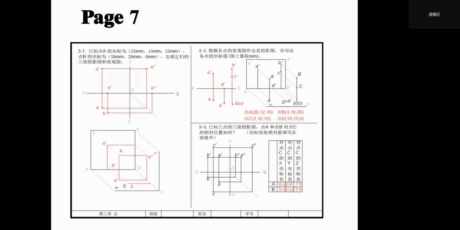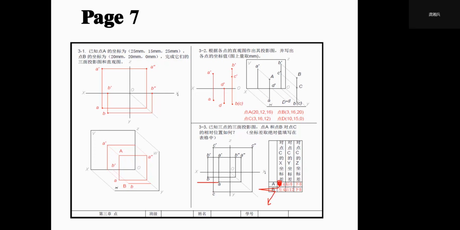For the third one, you tell the relative position of A, B, C. Just like here. For the X position, X means left and right. So for the X position, it is relative to C. Is A on the left or right of C? A is on the right. So you write right here. This Chinese character means right.